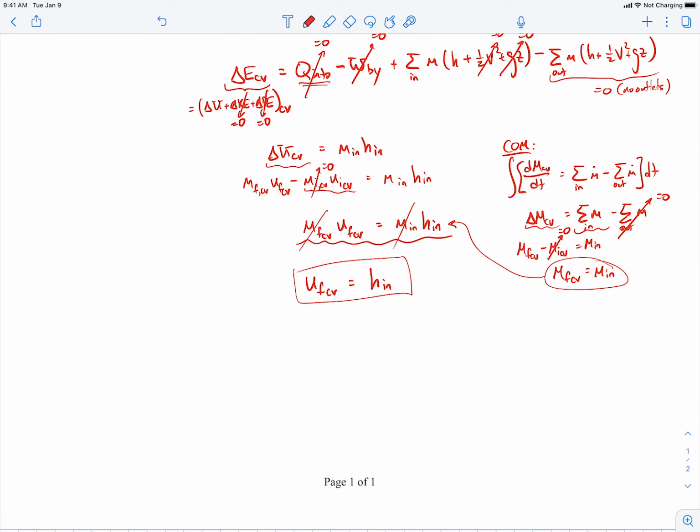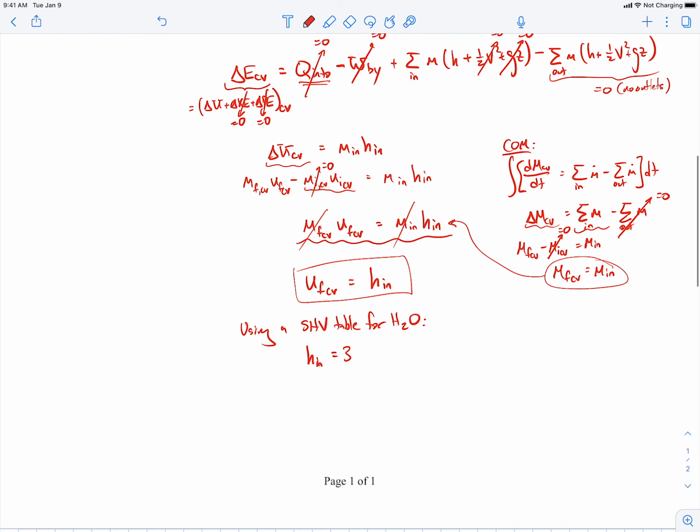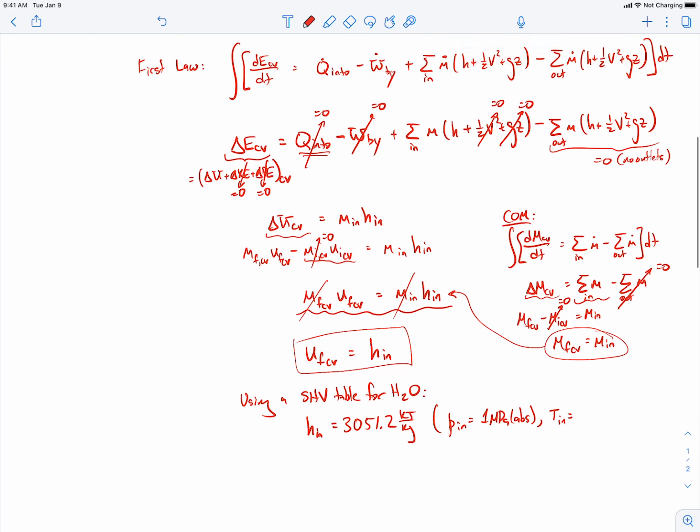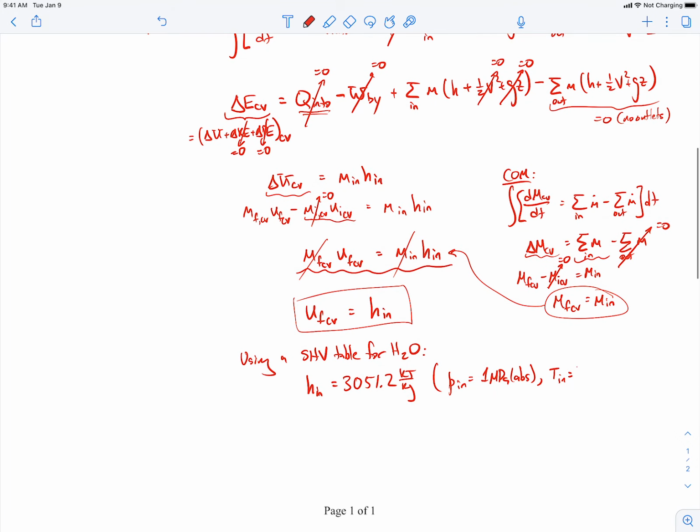Using a superheated vapor table for water, the specific enthalpy coming in turns out to be 3,051.2 kilojoules per kilogram, for a pressure of 1 megapascal and a temperature coming in of 300 degrees C. By the way, I looked that up from a table.